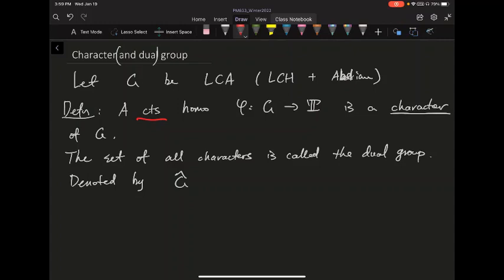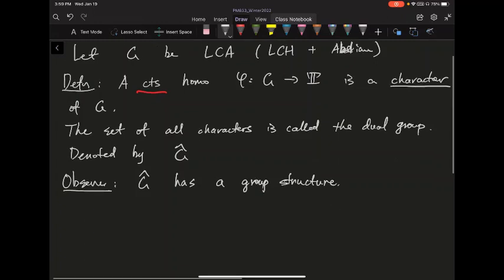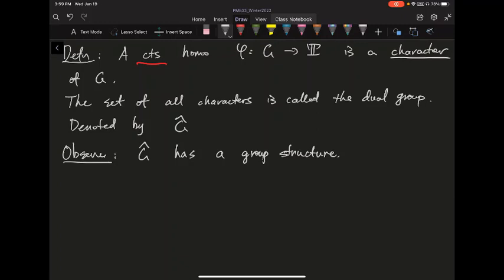The second thing is that this G hat turns out to also have a group structure. So where is the group structure? Well, it's essentially just a bunch of functions, and you can multiply using pointwise multiplication.